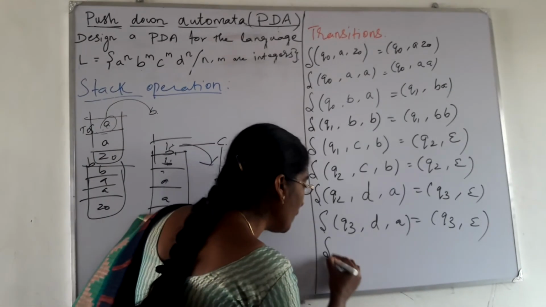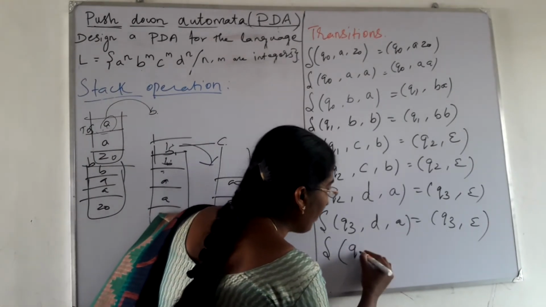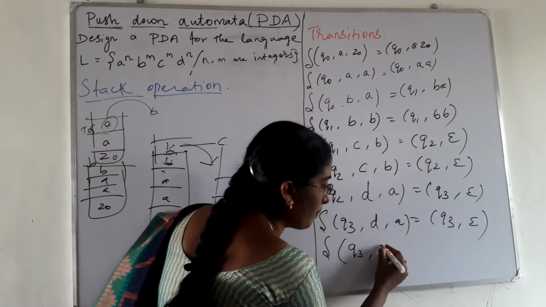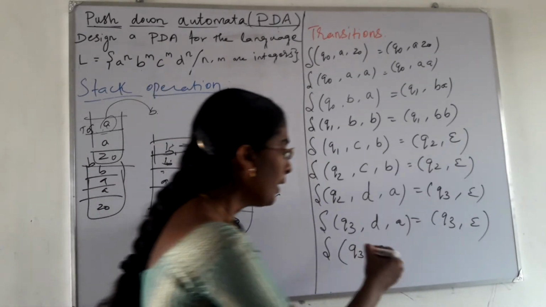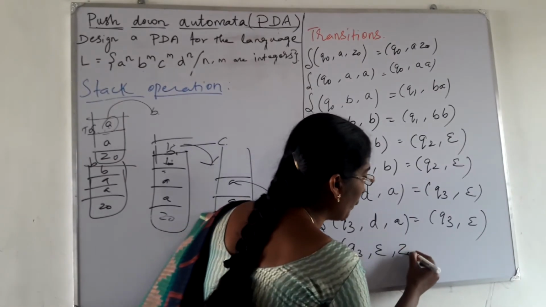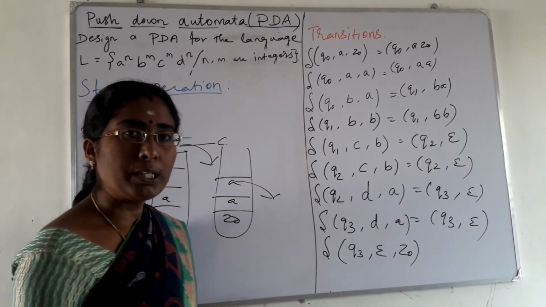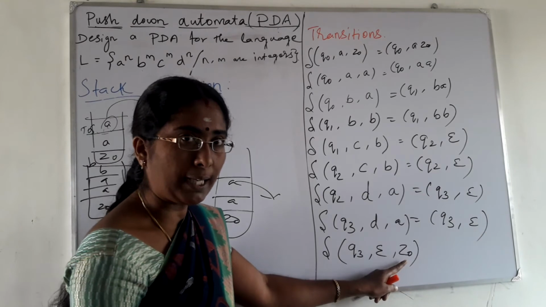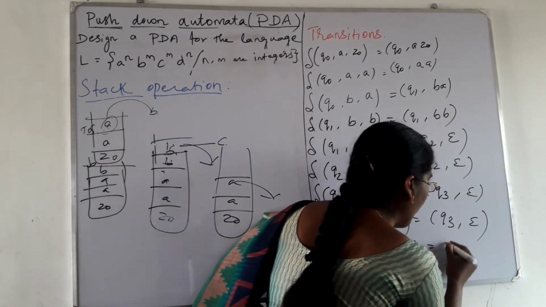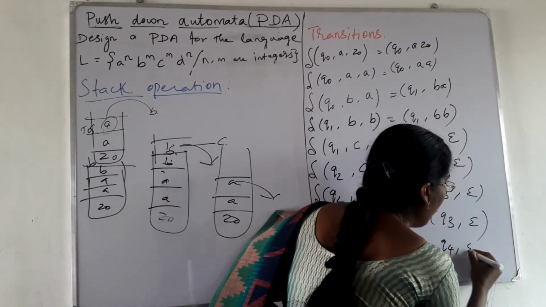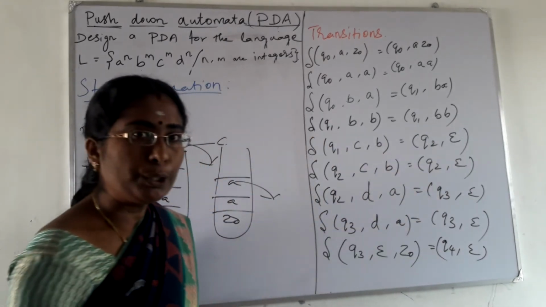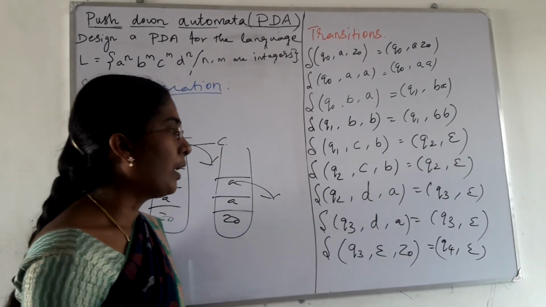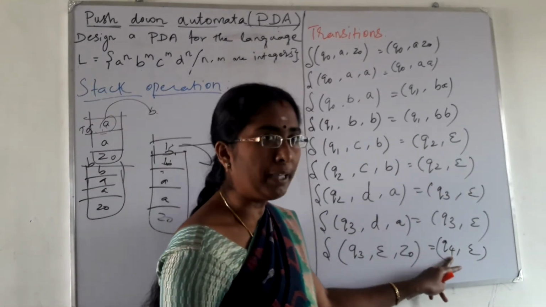Now there is no input symbol. From Q3 there is no input symbol, so it is equal to epsilon. And what will be the top of the stack? After reading all the symbols present in the accepting string, at last it is having the top of the stack as Z0. It is equal to Q4 comma epsilon. Now Q4 is called the final state.